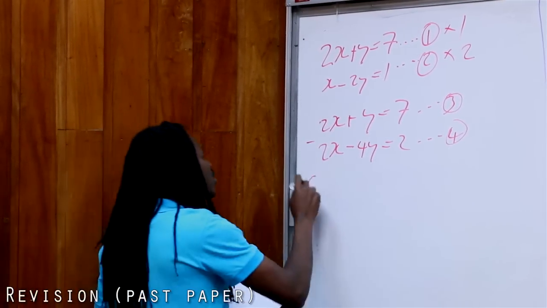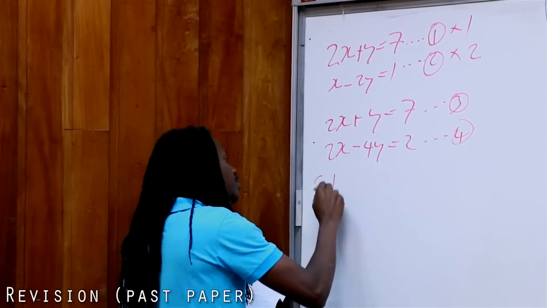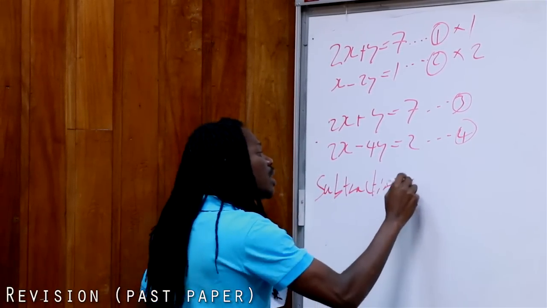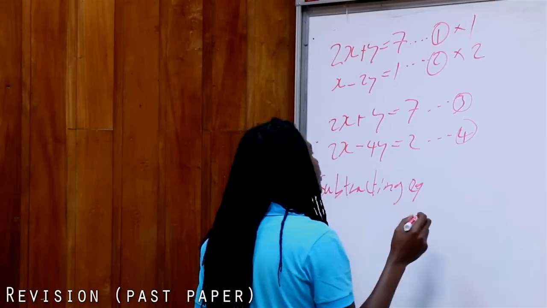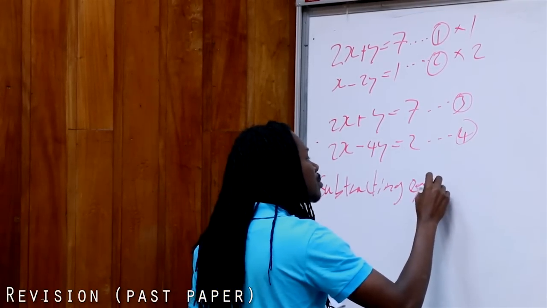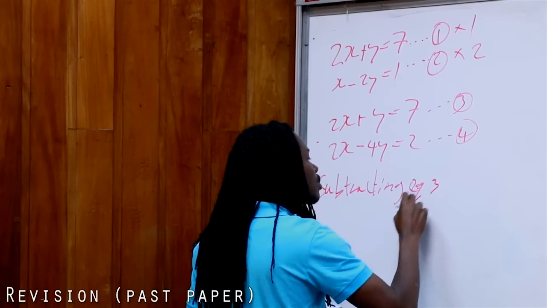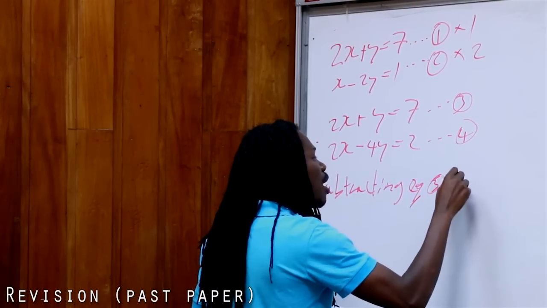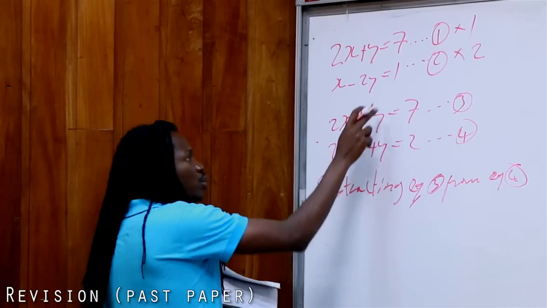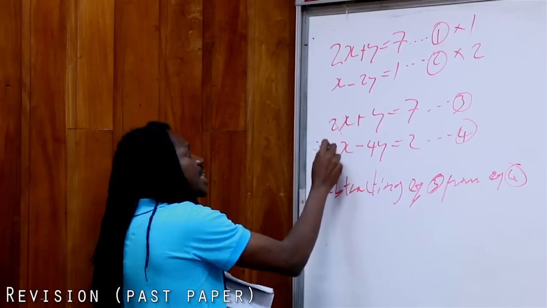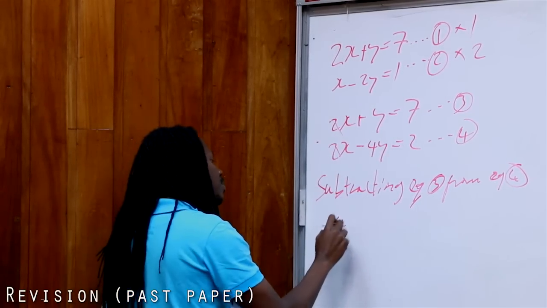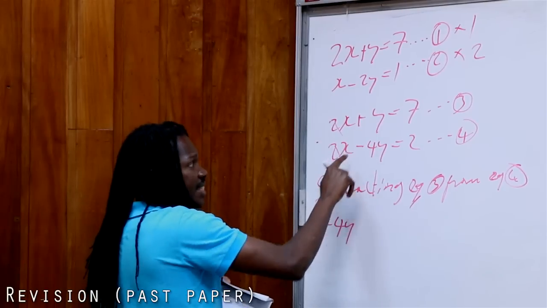So we say subtracting, which one do you want to subtract? I'm going to subtract EQ 3 from EQ 4. So EQ 3 from 4. So 2x minus 2x cancel. Minus 4y minus y. You realize I carry the entire sign.